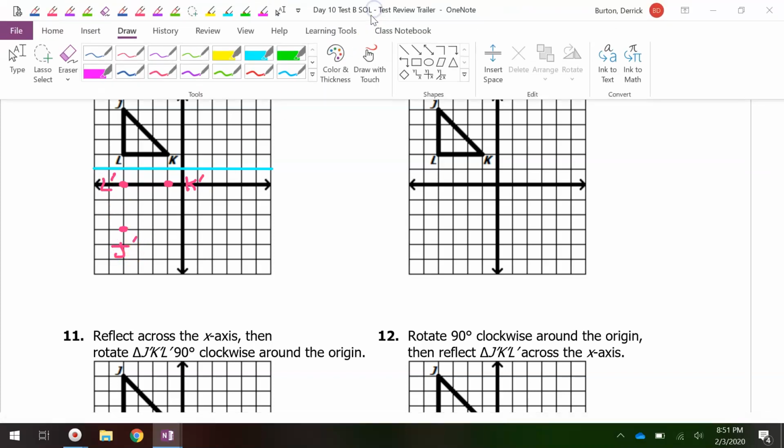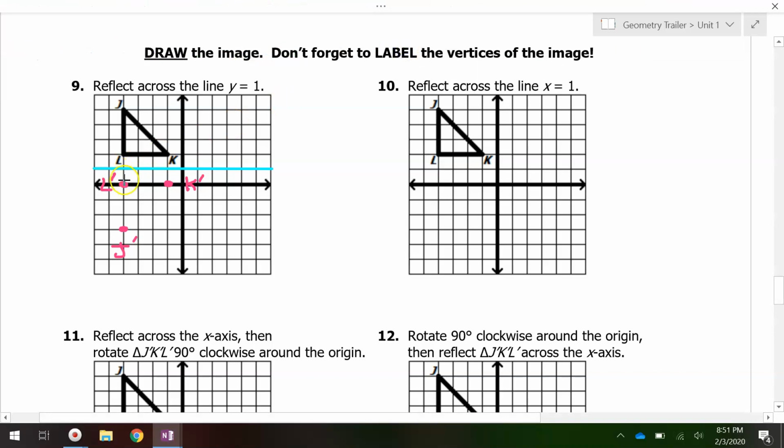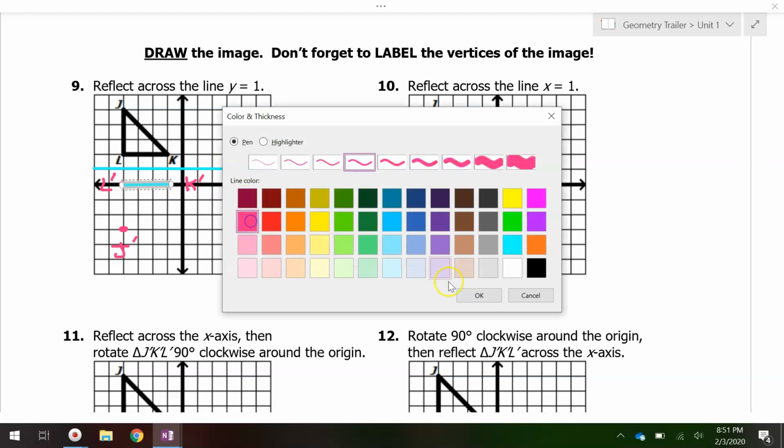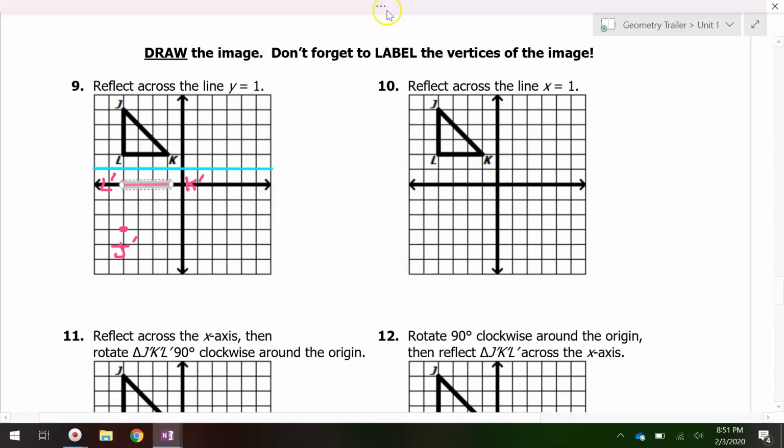And we just draw the lines. Okay, I meant for that to be red. All right, so there we have a nice reflection over the line y equals 1.